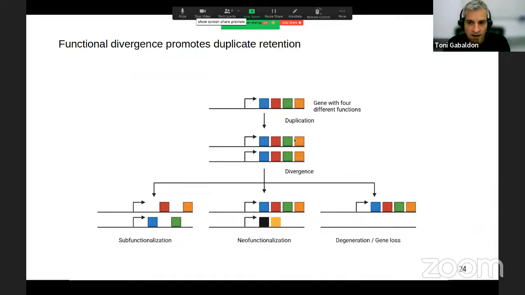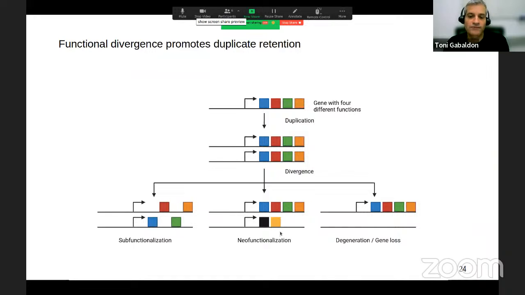But if something happens before that in terms of function, like the 2 paralogous genes lose different functional properties, and only with the 2 of them you can keep the ancestral ones, and this process is called subfunctionalization, then there is an advantage of keeping the 2 copies, because it's the only way you can keep the same functions.